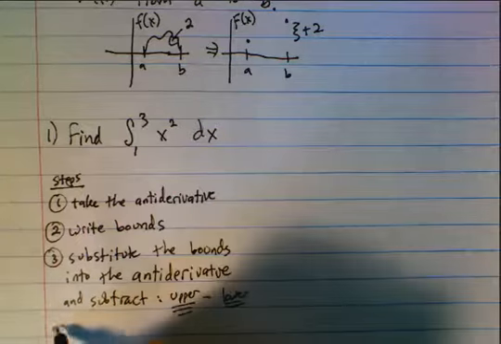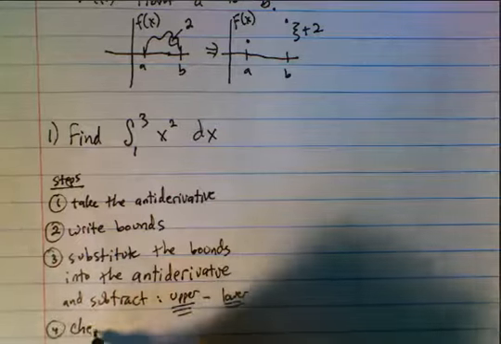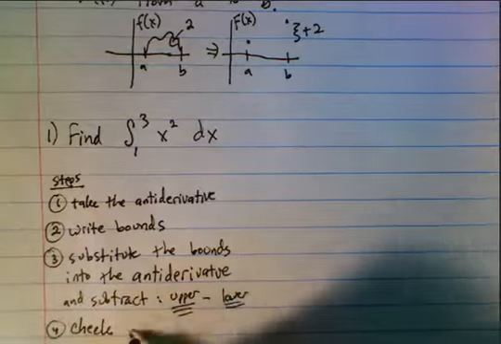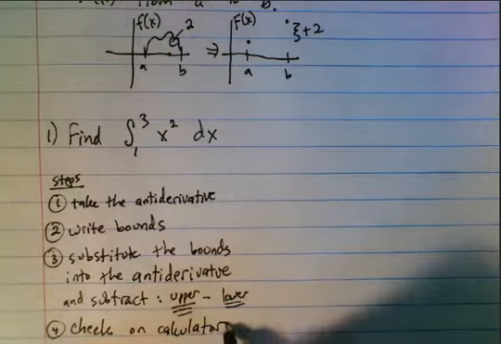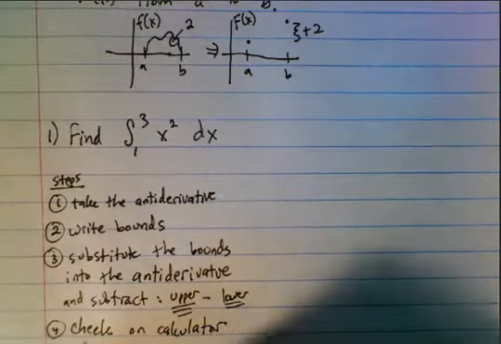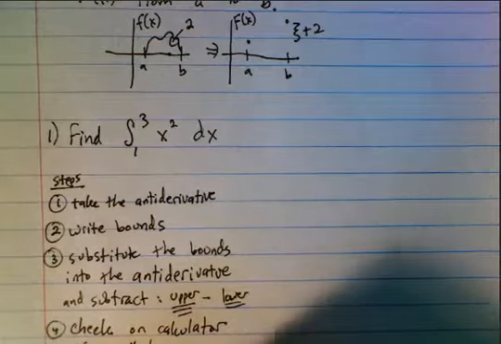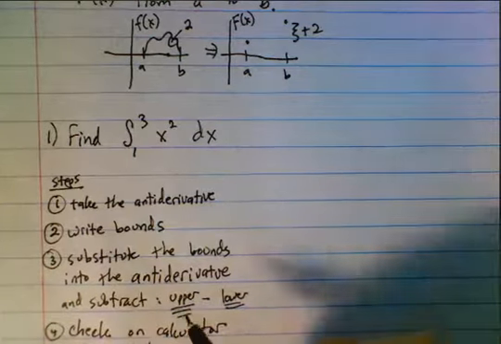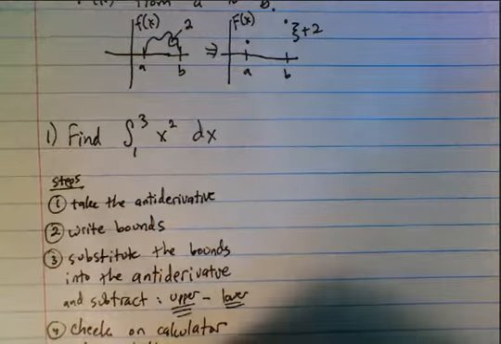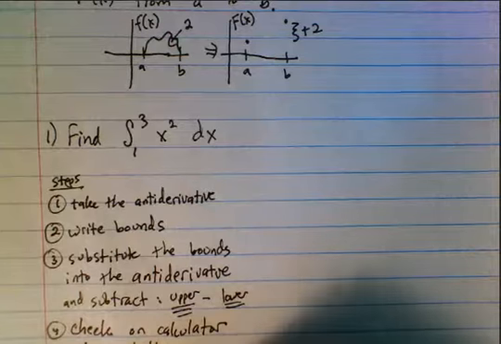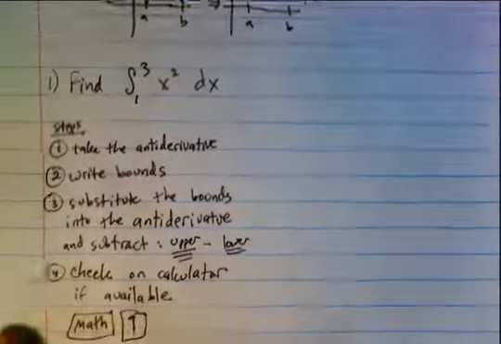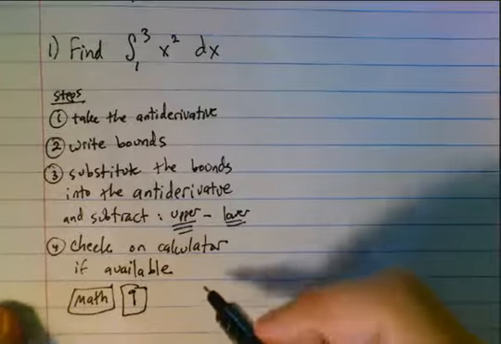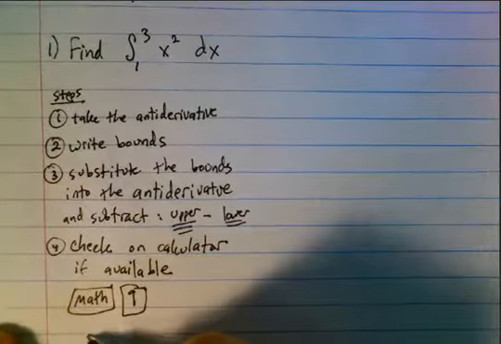And then the fourth thing we're going to do is check on the calculator, if it's available. And the way that we're going to check on the calculator is we go to Math, 9, it says definite integral. And then we're going to have an expression that's going to look like this.